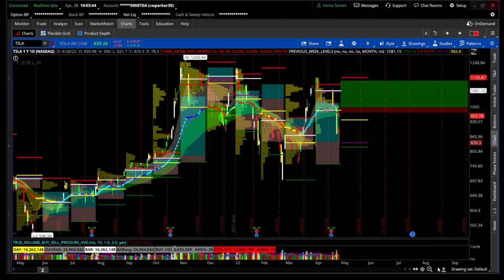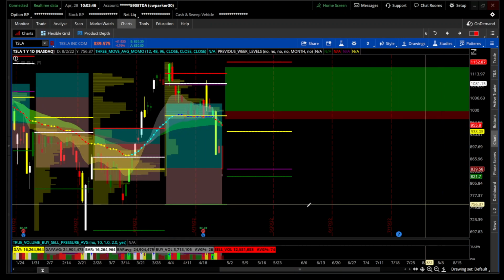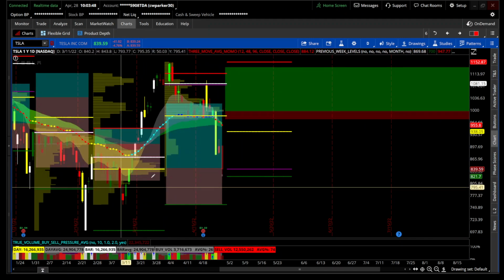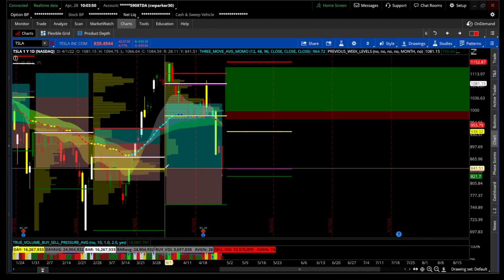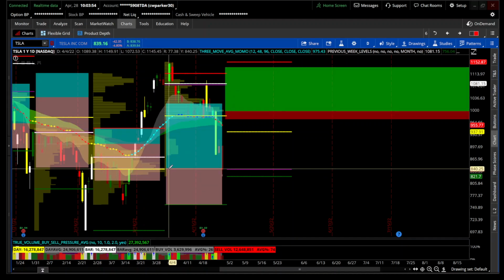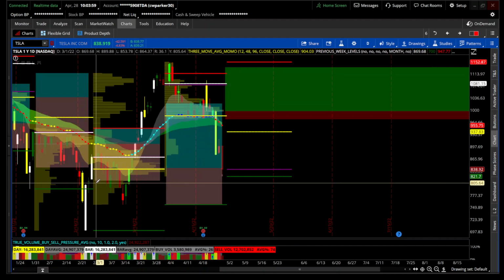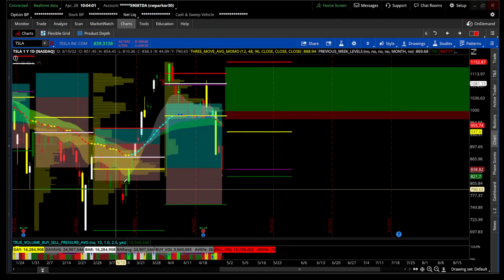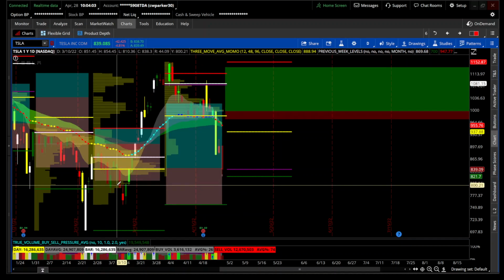It just comes to a cleaner chart. And right now, it's actually interacting with its previous month's point of control here in this area, this balance line right here. And it's also interacting with this other high volume area from March.